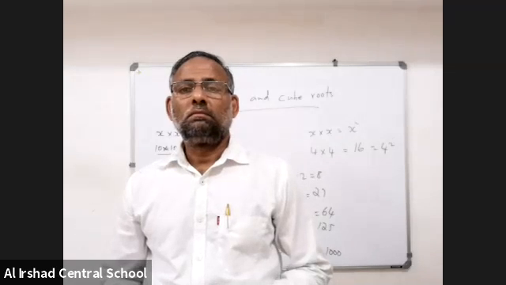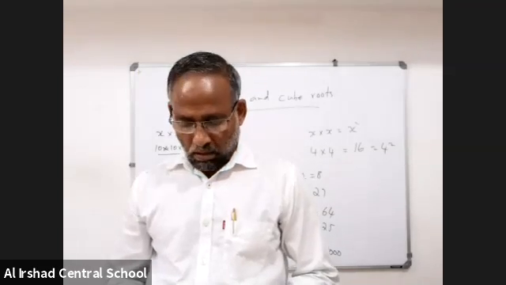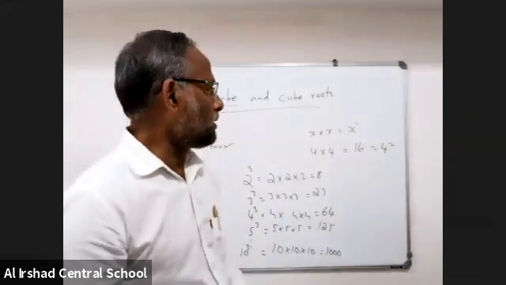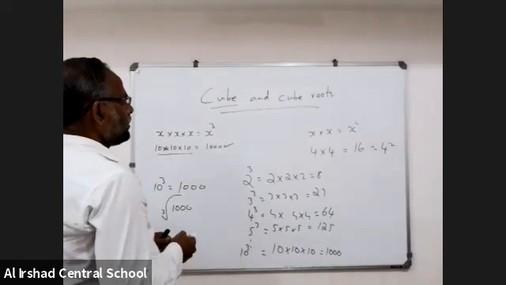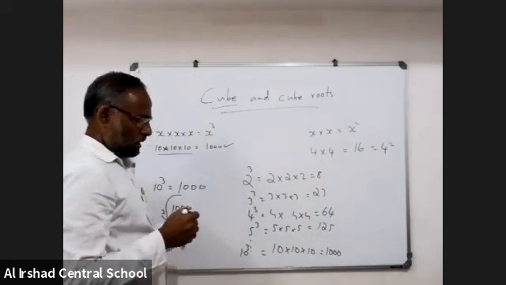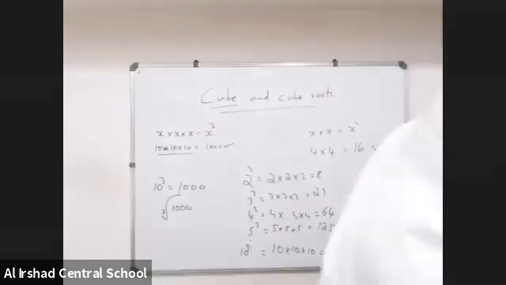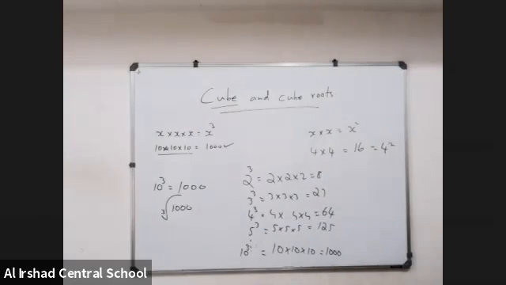Then what is the cube of 1? 1. So 1 is like that only. Cube root of 1 is 1. Now, how can we represent that? Cube and cube root. Write the ascending order of cube and cube roots. Write the cube and cube roots.